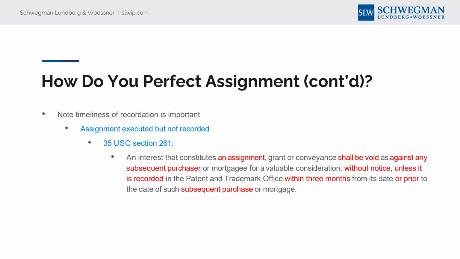Good question. My instinct is to just put in the date of recording the confirmatory assignment. I don't think that would have any adverse effects, and it's the date that you're assigning the patent. I would just put in the date that you're following up with the assignment.